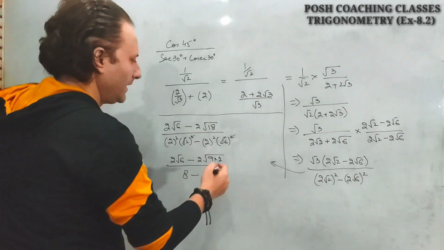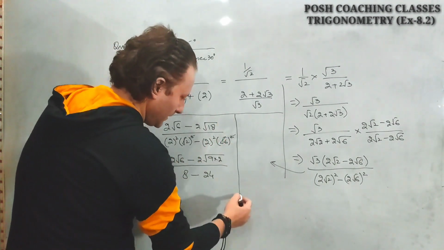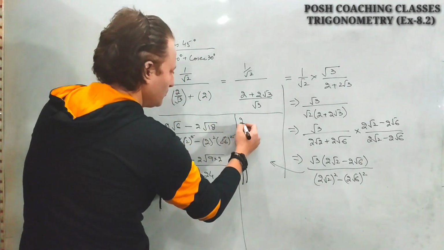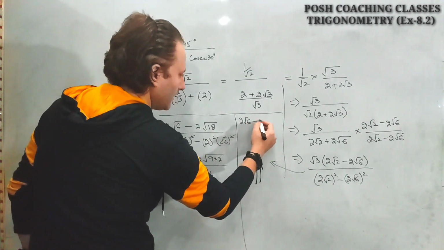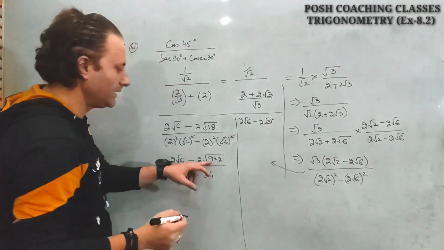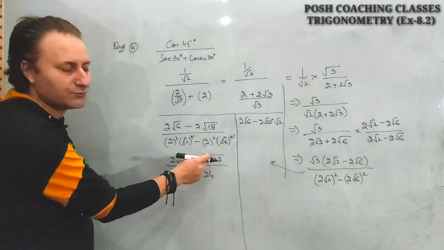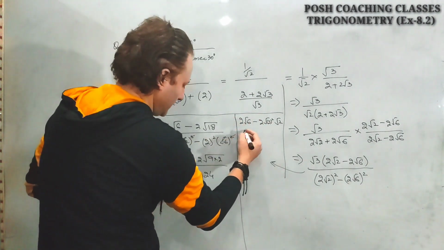Right? Now I'm just writing it here now. So now this remains 2 under root 6. Here I can do minus here. This is under root 3 square and then under root 2. Why? Because 9, it is 3 multiplied by 3, so it is 3 square. So that's what I have done here.